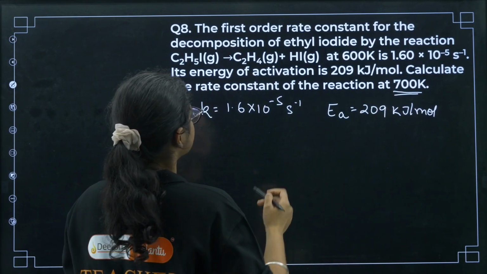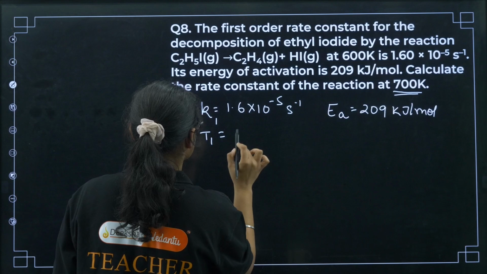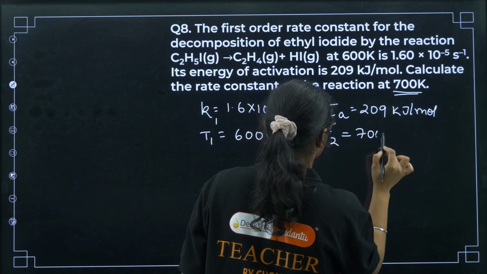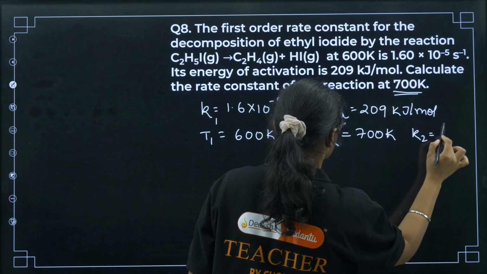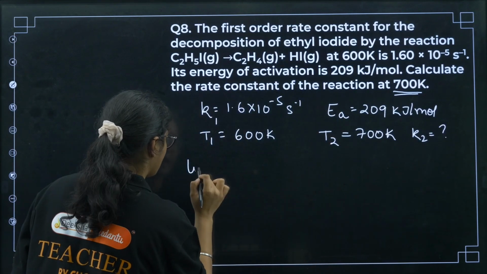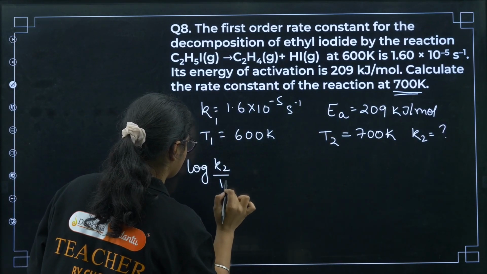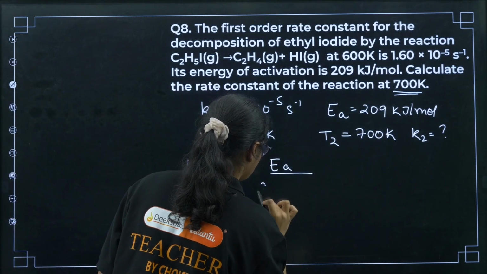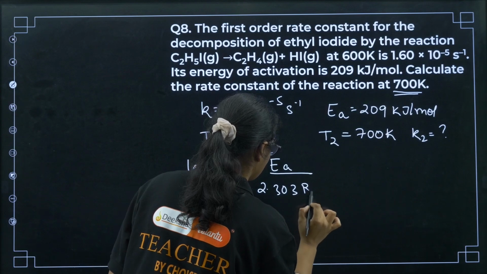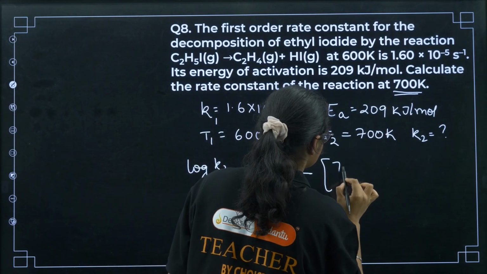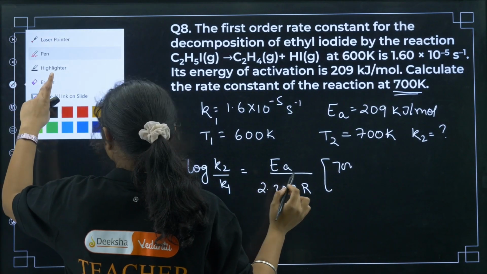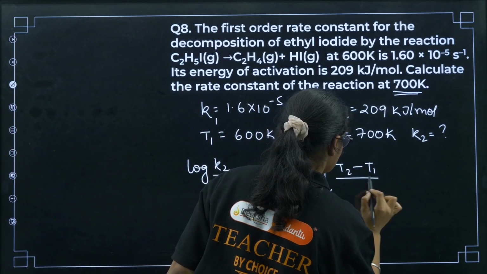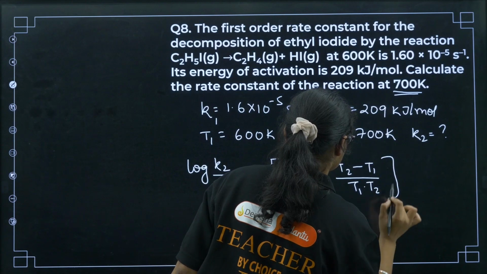So this one was at 600 Kelvin, and the temperature is 700 Kelvin, and we want to calculate K2 for this one. So now we have log K2 by K1 is equal to EA by 2.303 R, T2 minus T1. Okay, let me not substitute this first. We'll write the formula again, T2 minus T1 by T1 into T2.